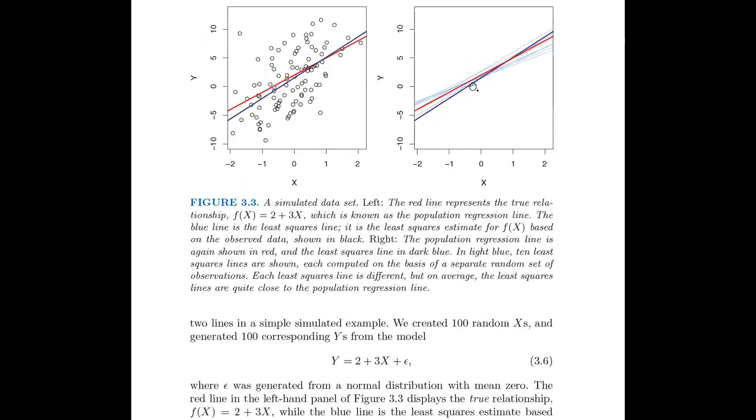So, okay, what's going on over here? Didn't we have 100 data points over here and we fitted the dark blue line? They've done it 10 times. Each of these 10 times, they've generated 100 random observations based on the red line, and then they fit a linear model to that data.